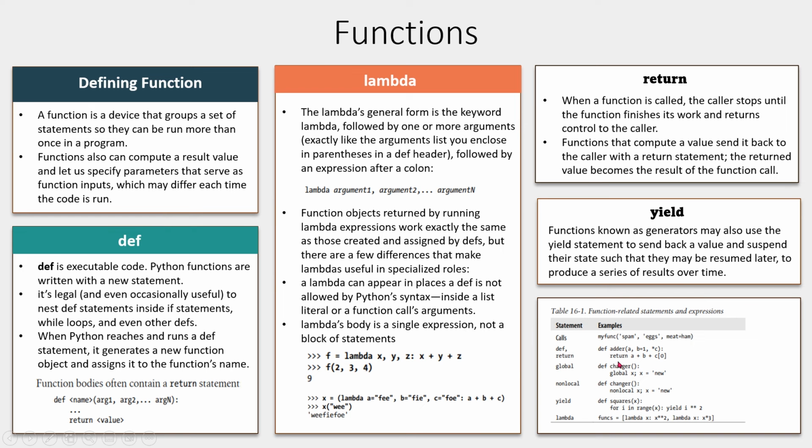Global is to convert your local variable into global variable, or local scope into global scope. Non-local scope, we will discuss later. Then yield returns a generator rather than a value, and lambda is another way of creating a function. So with this, we'll move on to functions in action.